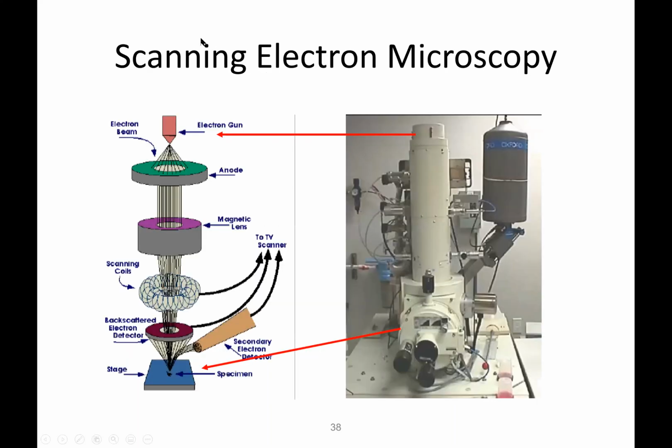Like I said, the electron gun is used. Here is the electron gun. Some magnets are here to focus and control the beam. And there is a detector, so we can see the substrate features.